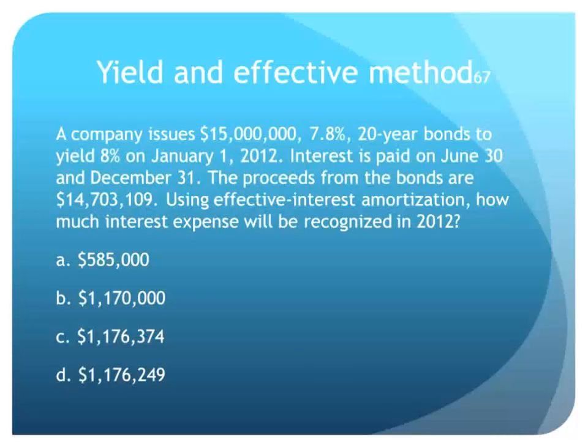Now, in the first payment period, we start by entering the 14,703 times 4%, right? And if you multiply that out, I get 588,124.